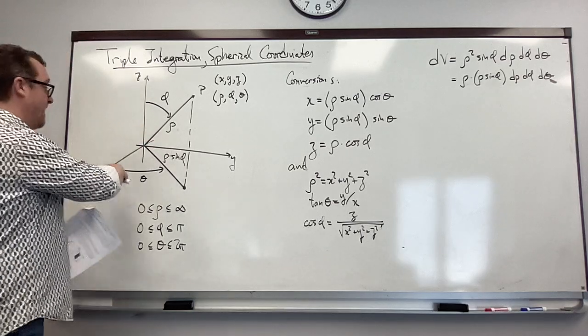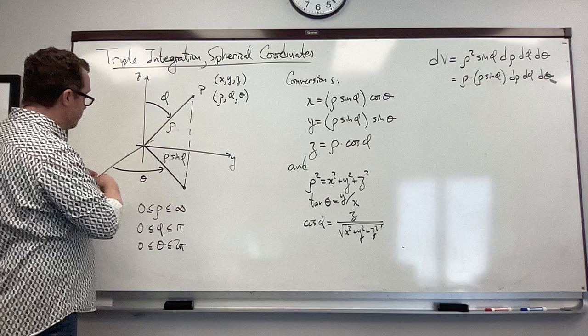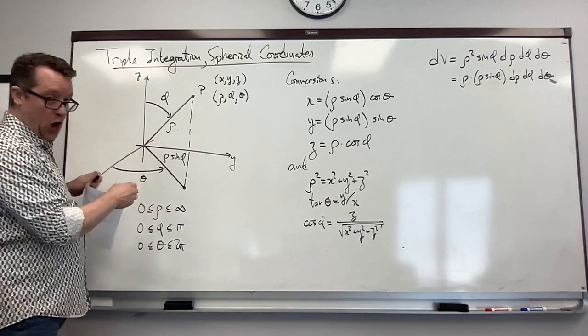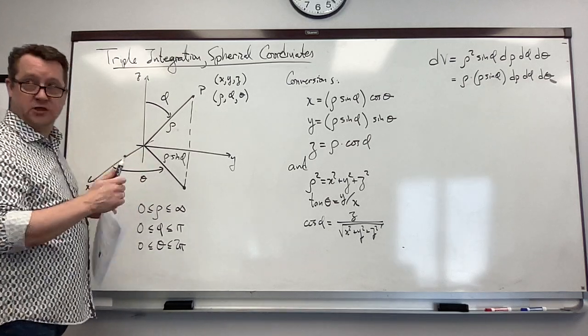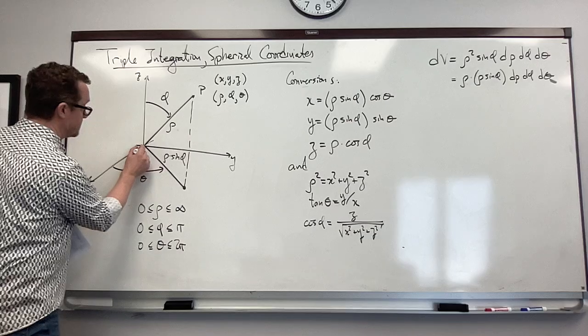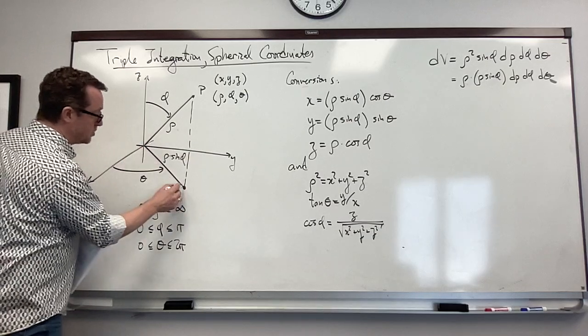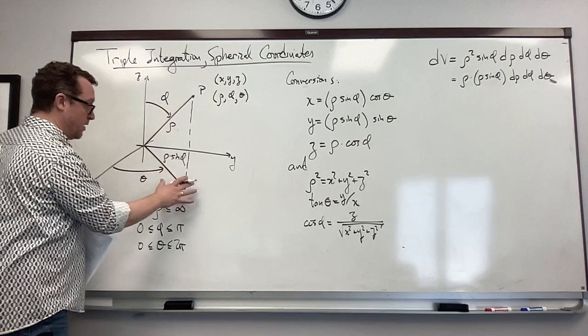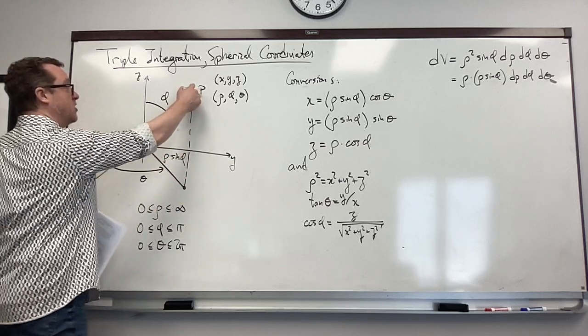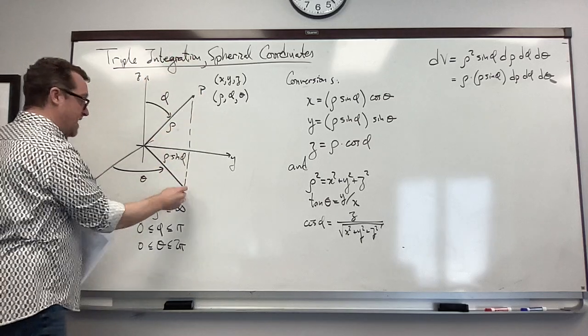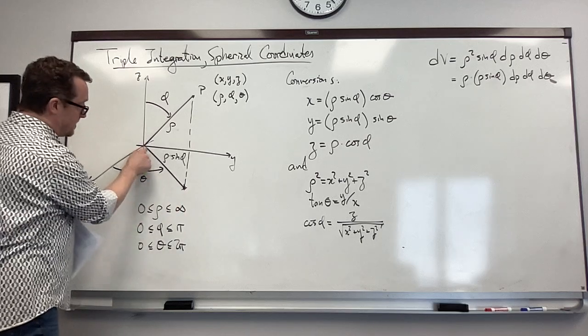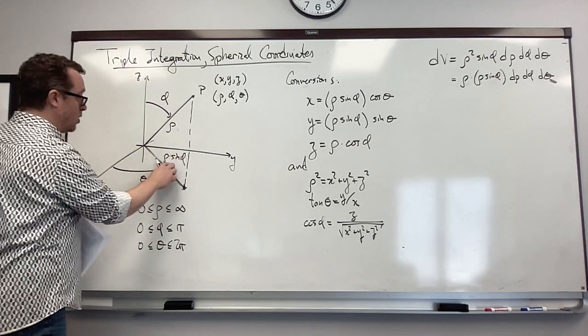When we have this group, one thing to realize is that what was r in cylindrical and polar coordinates, which is the distance in the xy plane from the origin to the component of this point in the xy plane, is this: if you take the point P, shoot it straight down along z, and you hit the xy plane, this distance here is rho sine phi.